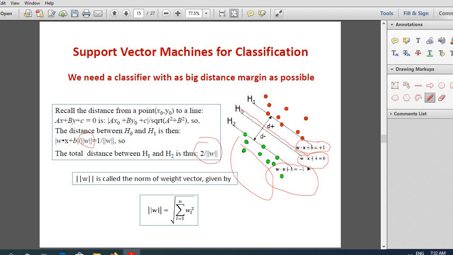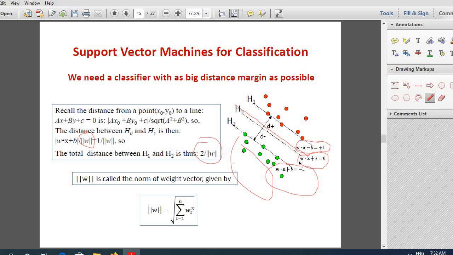For this, you find 2 by W. Similarly, if you have another line, you again find 2 by W. Similarly, for all possible lines that can separate the data, you find 2 by W. And the best line would be the one with the maximum value of 2 by W, or minimum W. Maximizing 2 by W is the same as minimizing the norm of W, right?